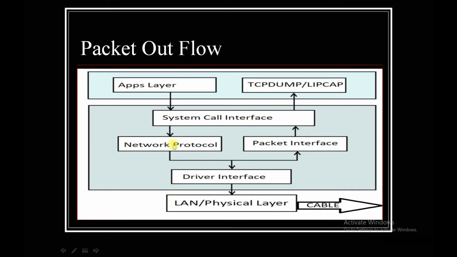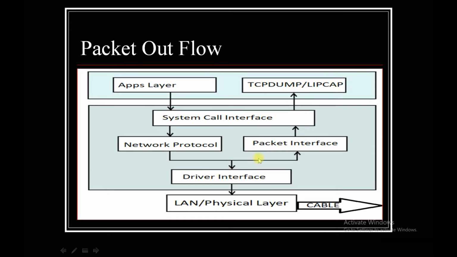The moment it encapsulates, it will replicate, and it will go to tcpdump as a duplicate packet. If libpcap is probing, then tcpdump will capture the duplicate data. Then it will be sent out in encrypted format.